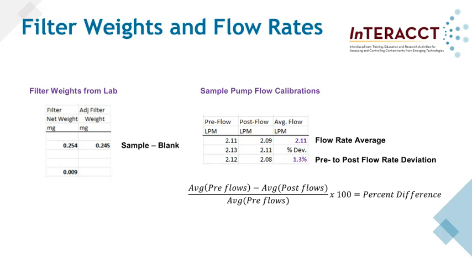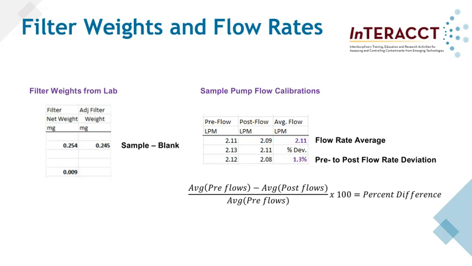Likewise, the sample pump flow calibration should be applied in the typical scenario where at least 3 independent samples of flow rate are taken before sampling, and then another 3 after. From then, an overall average of those 6 values is computed using the averaging function to obtain, as shown here, 2.11 liters per minute.